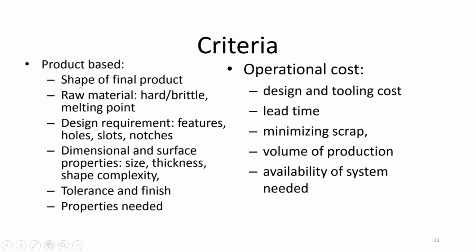So what will be the shape of your final product, whether the raw material is hard or brittle, and what will be the melting point of your material. Design requirements can be features, holes, slots, notches, and dimension and surface properties such as size, thickness and shape complexity, tolerance and finish.